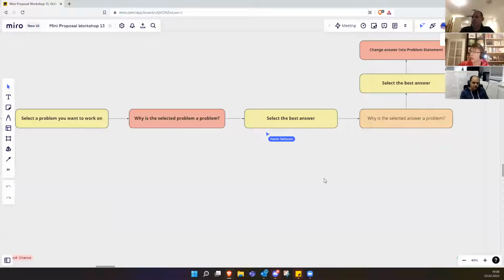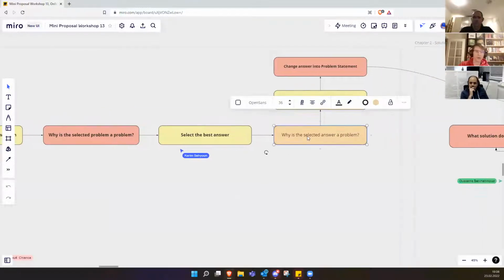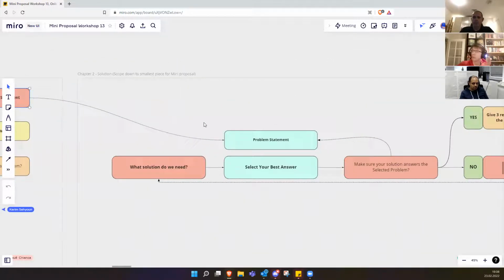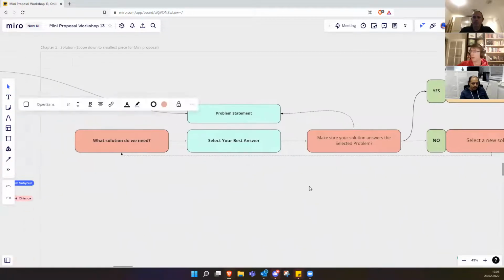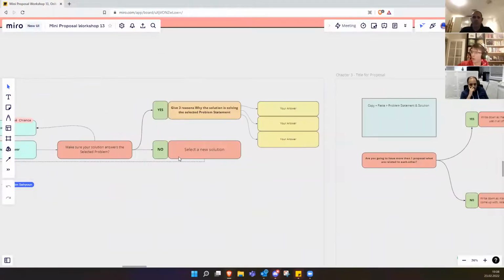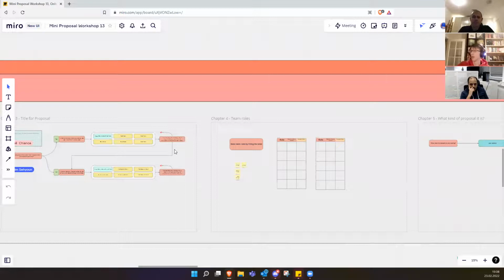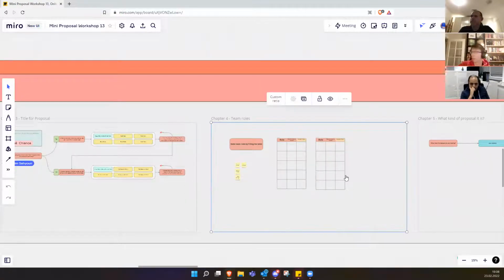We select the best, and the orange ones are optionals we could use to elaborate even more, or we say, okay, this is good enough, let's turn it into a problem statement and move on to the next phase. And basically, we just keep going from left to right. You can also skip things, like, I don't want to talk about team roles, I already had it in my proposal.